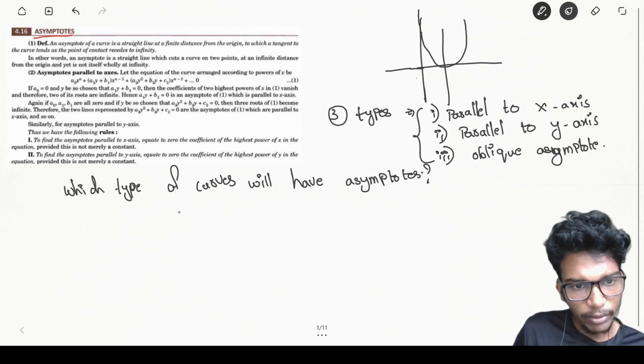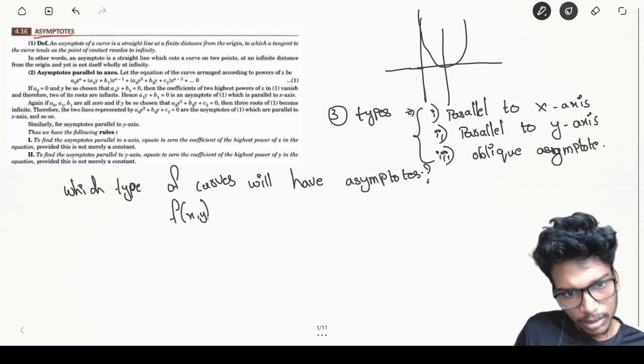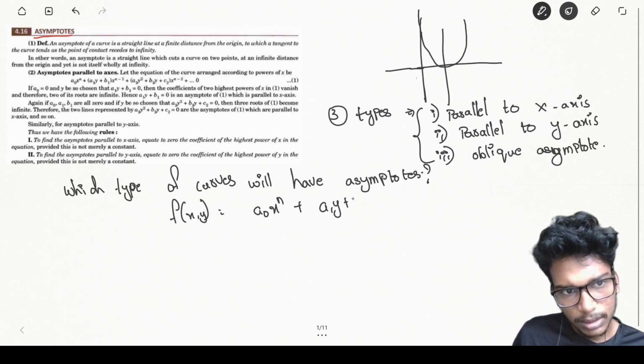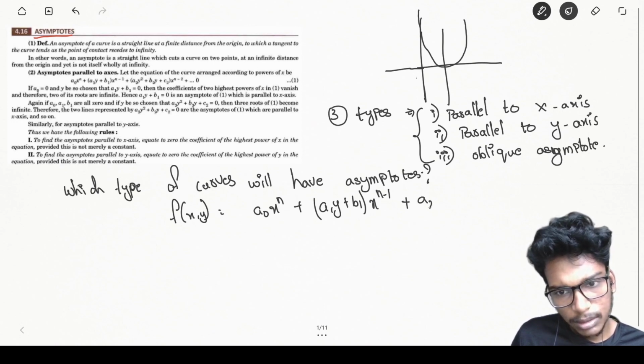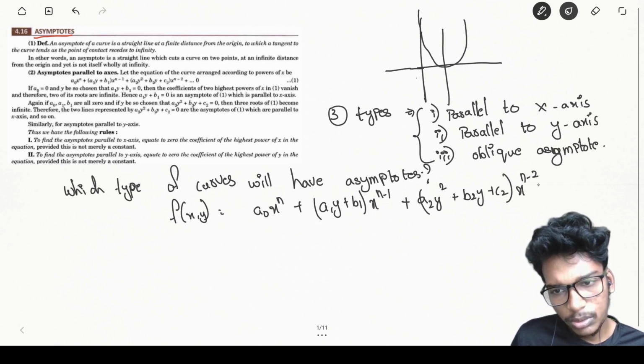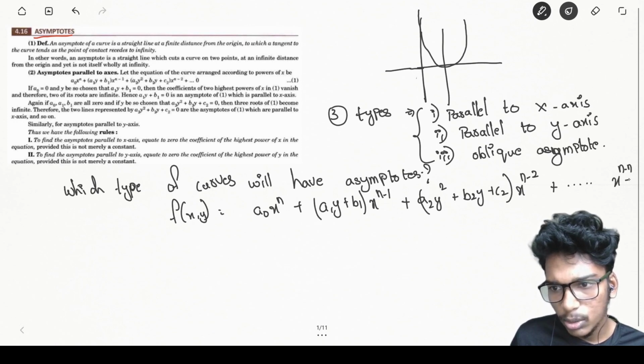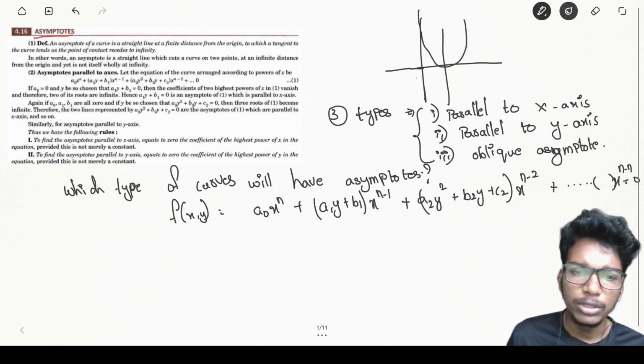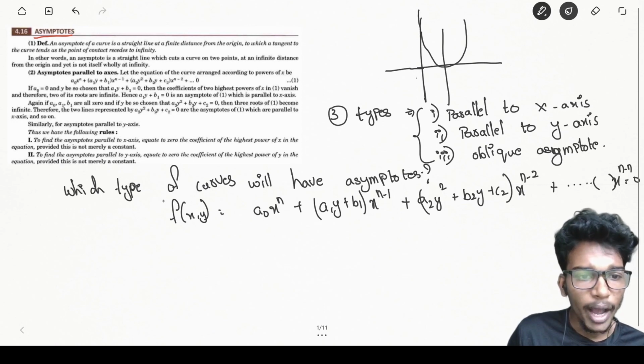The simple answer is if you have a function f of x, y, then the function must be a0 x^n plus (a1 y plus b1) x^(n-1) plus (a2 y^2 plus b2 y plus c2) x^(n-2) and so on, equal to 0.